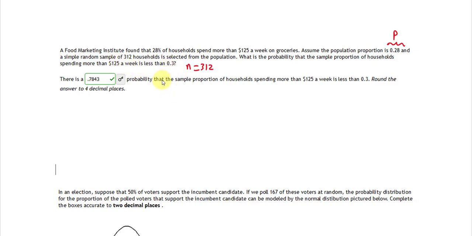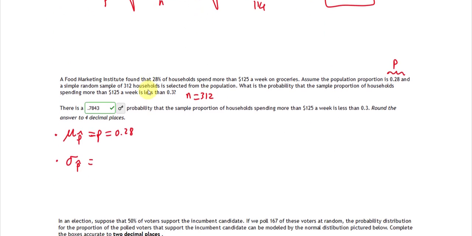So the first thing is we must find what is the mean and what is the standard deviation of the sample proportion. So we can find the mean of the sample proportion, and this one is equal to the population proportion P, which is 0.28, and then the standard deviation, again from the previous problem, the same formula. Again, the standard deviation is the biased estimator.